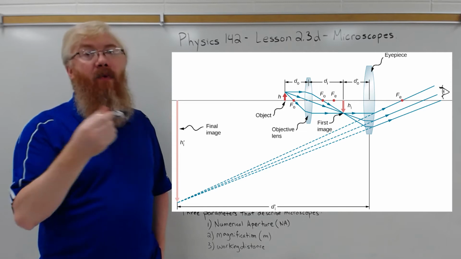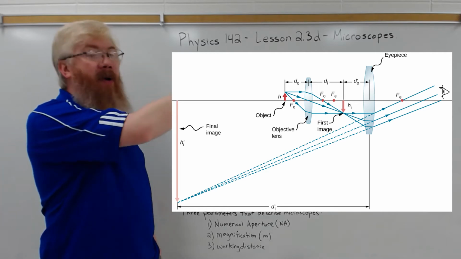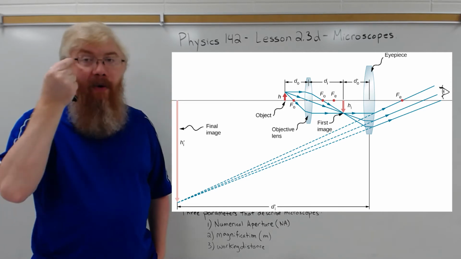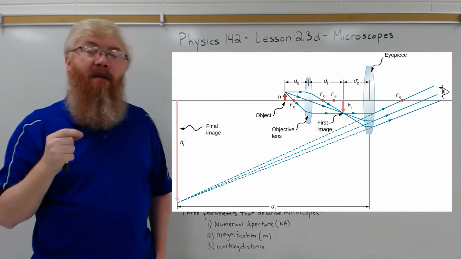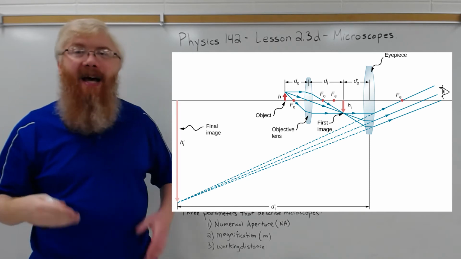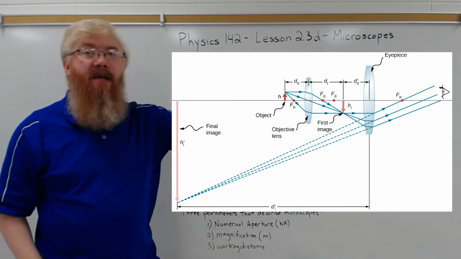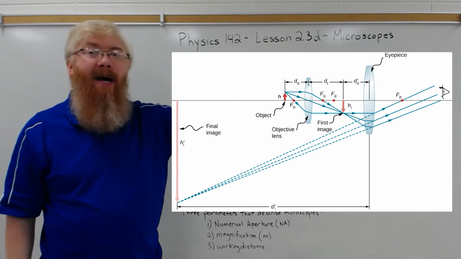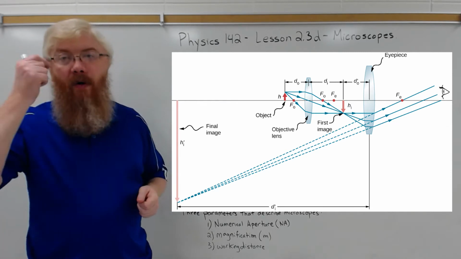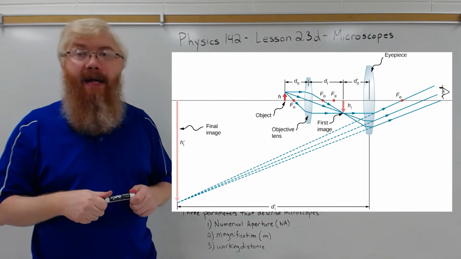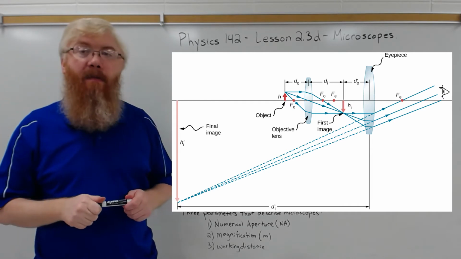And of course, the light rays come off the eyepiece parallel, those light rays go into your eye, and focus on the back of your eye. So technically it's kind of a three-lens system. You have the objective lens near the object, you have the eyepiece, and then, of course, your actual eye lens to focus the object on the back of your retina.